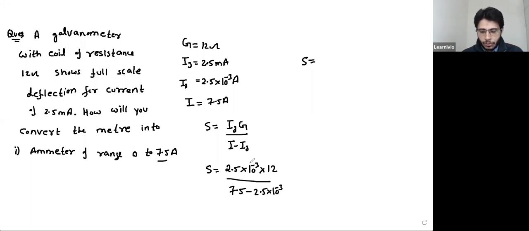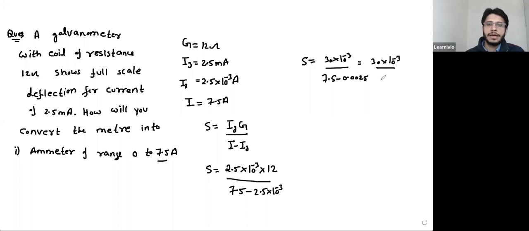So this is basically 2.5 into 12, 30. So it's 30 into 10 raised to the power minus 3 by 7.5 minus 2.5 into 10 raised to the power minus 3. So that means 7.5 minus 0.0025, so it comes out to be 7.49.